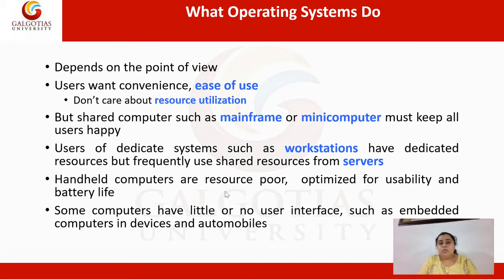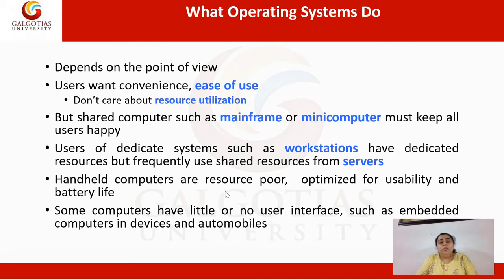Now what happens in this case is there is one server and there are many workstations. All workstations are accessing the server. That means they are accessing the resources of the server, which is a shared resource. In this case, resource utilization becomes very, very important.